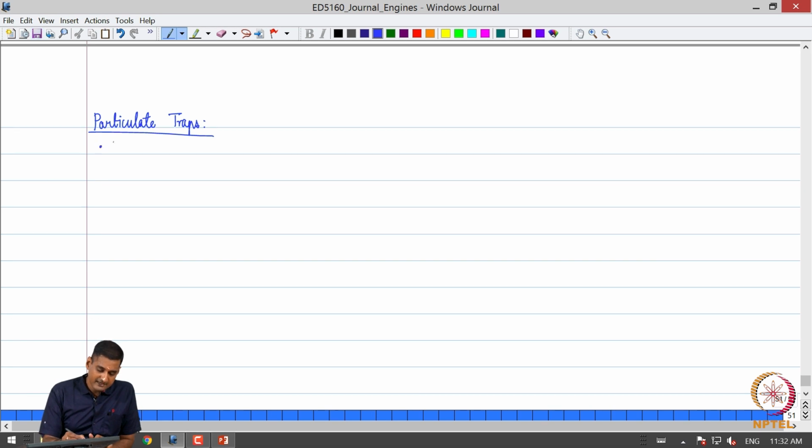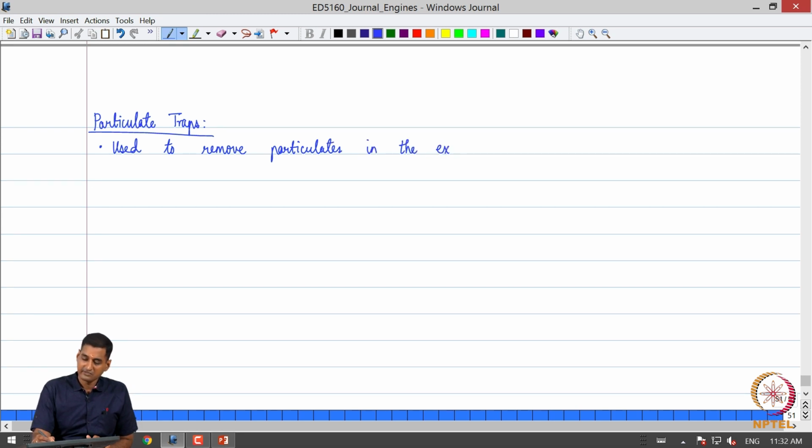So, particulate traps are used to remove particulates in the exhaust of CI engines. That is the main role.